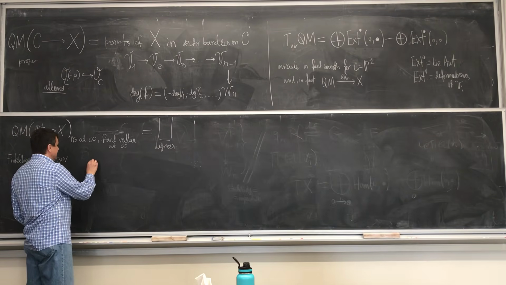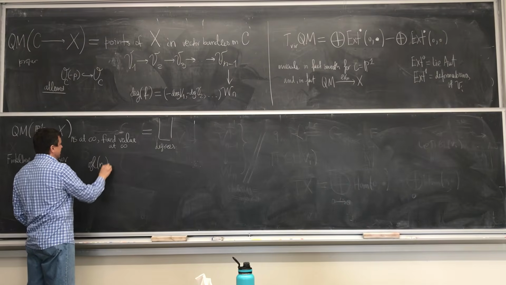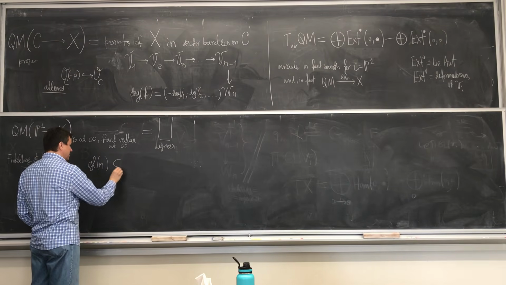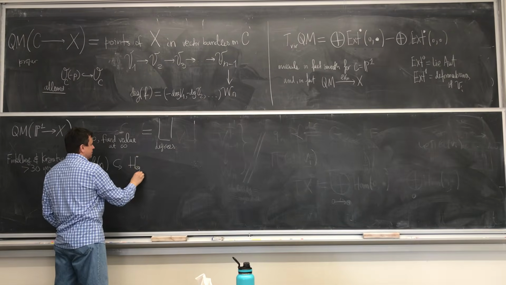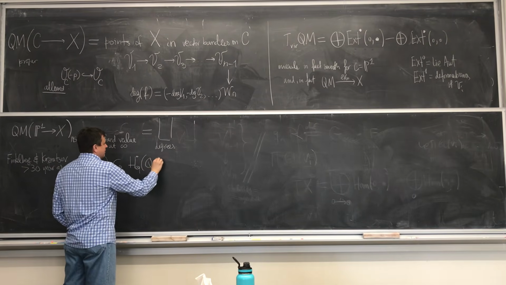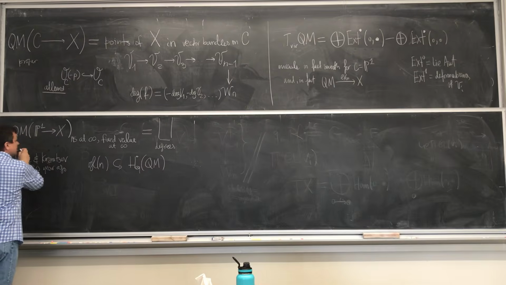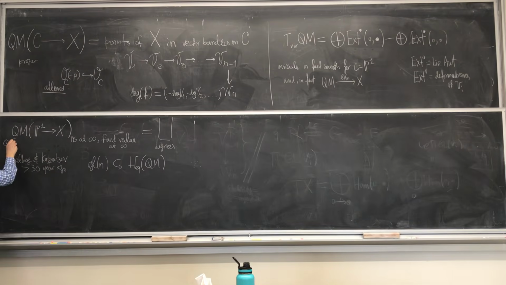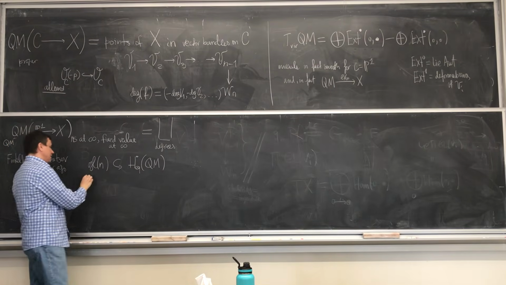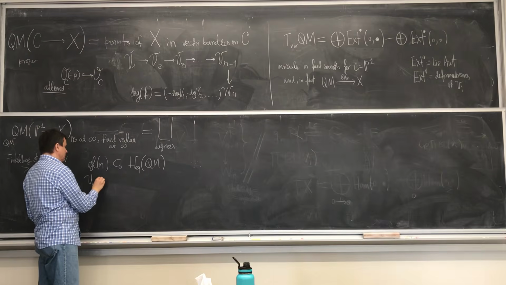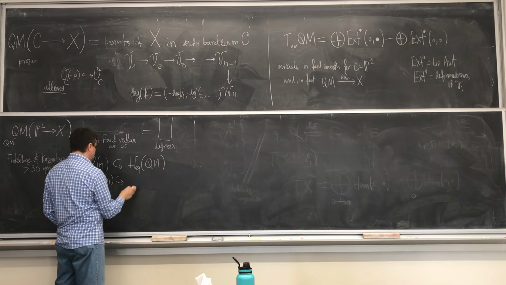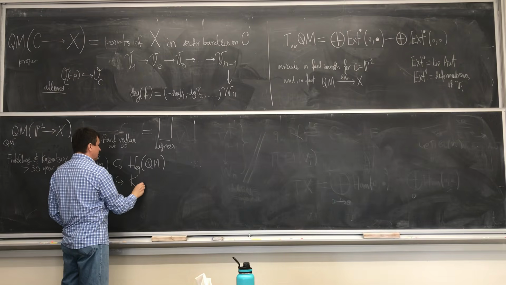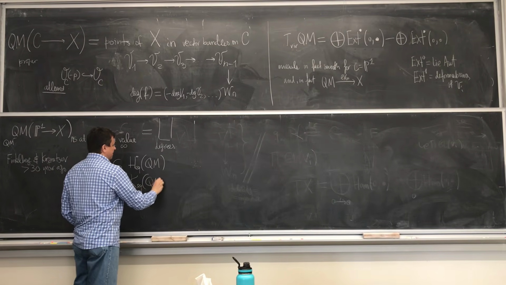Here there's an action of GLN, maybe acting on the homology. So when I write Quasimaps, I just mean this space. And the quantum GLN acts on the K-theory space.